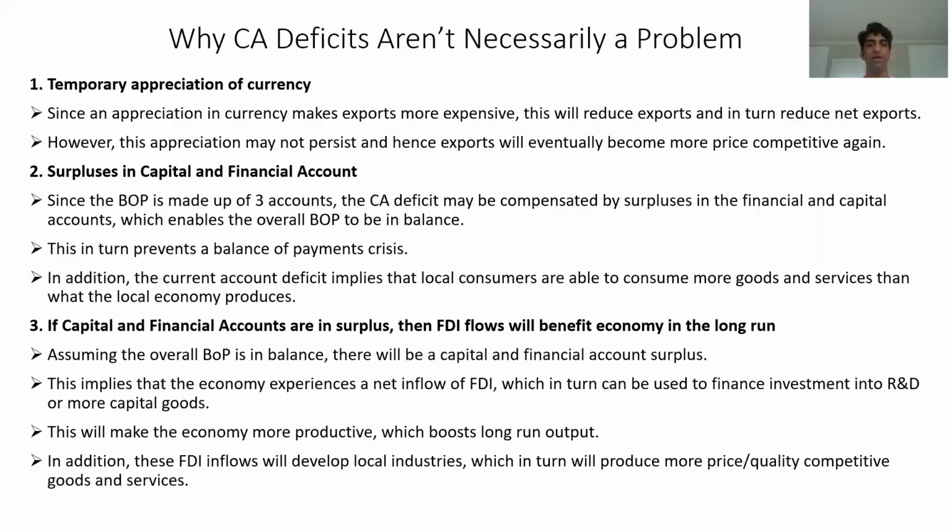So if we have that net inflow of FDI, that investment can then be used to finance local industry and finance R&D and also just increase the amount of capital goods in our economy. And as we do that, that will make our economy more productive in the long run, which would boost long run output. And of course, that improvement in long run output in turn would improve living standards in the future.